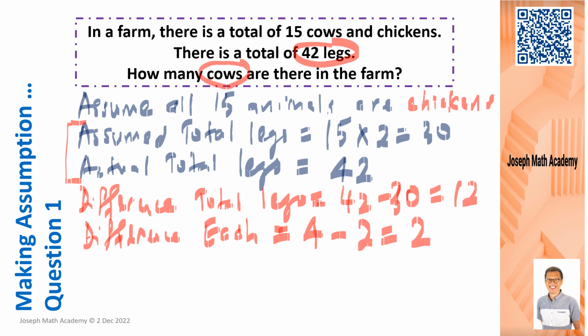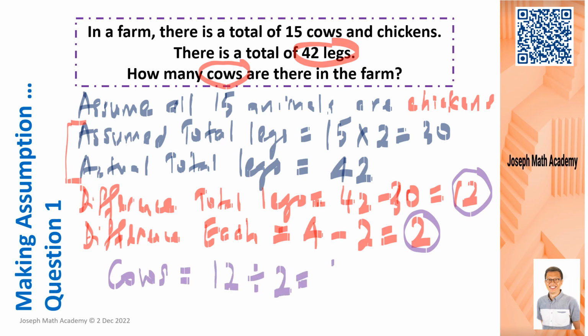So from here we know that one cow pretending to be a chicken is hiding 2 legs. And there are 12 hidden legs, and the 12 hidden legs must be from all the cows. One cow is hiding 2 legs. From here we already know the number of cows: 12 divided by 2 gives us 6. So 6 is our answer.